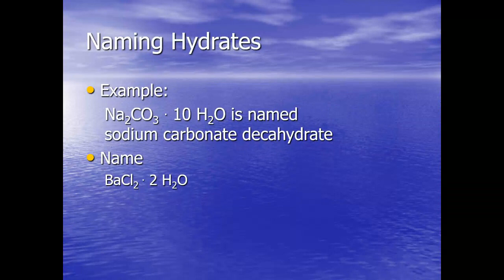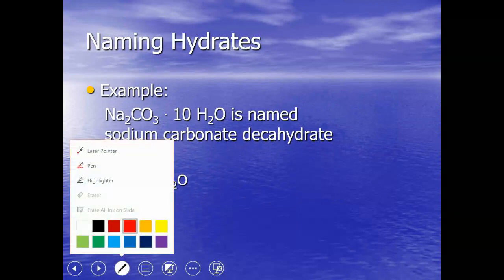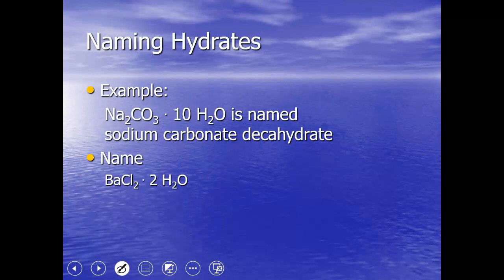Here we have a hydrate, and you can see what we mean. There's the ionic compound, and here's the water that is attached to it. And what you do is you just name the ionic compound.